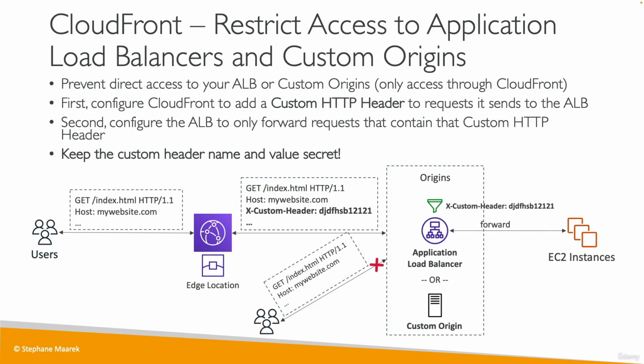Therefore, any user trying to directly access your origin will get rejected because that custom header will not be present. On top of it, you can also restrict from a network perspective access to your origin by using security groups and only allowing the CloudFront public IP addresses.